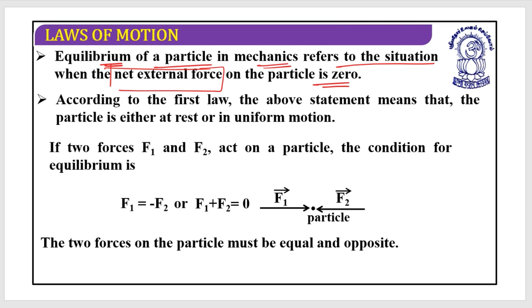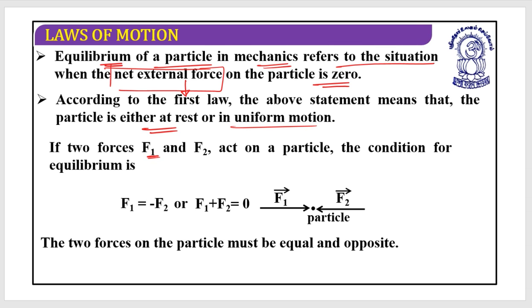Now according to the first law, the above statement means that the particle must be at rest or in uniform motion. That means either it would be at rest or it would be moving with uniform motion. Let's check the different cases in which a particle could be at rest or moving with constant speed.